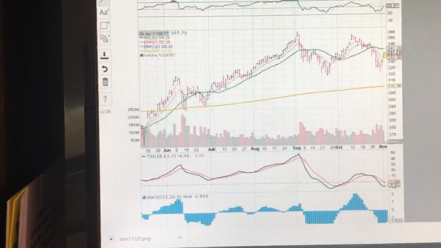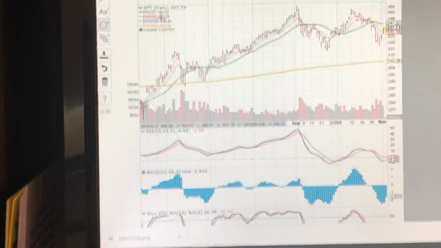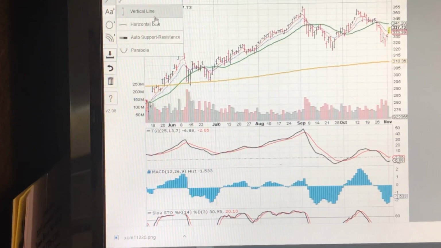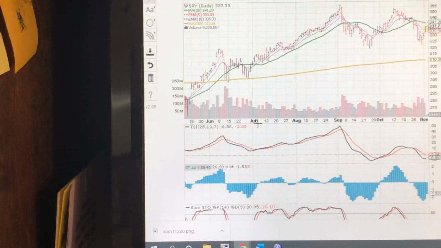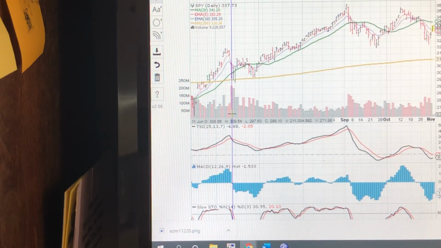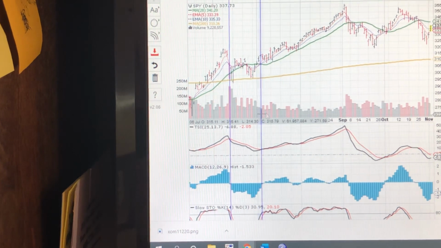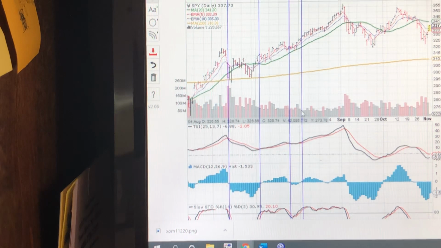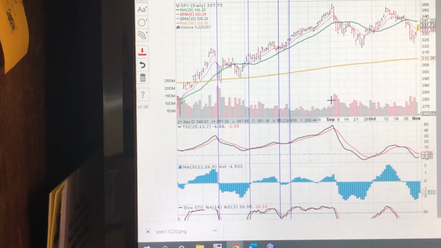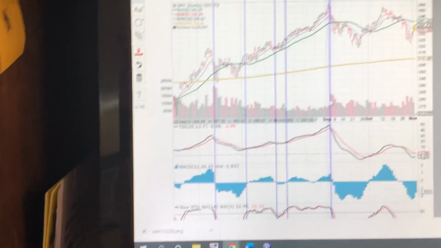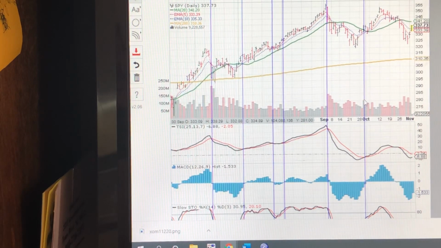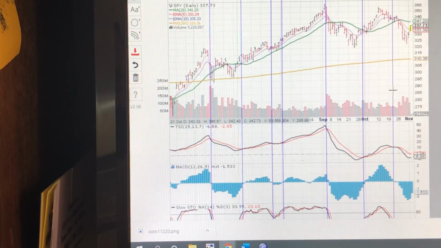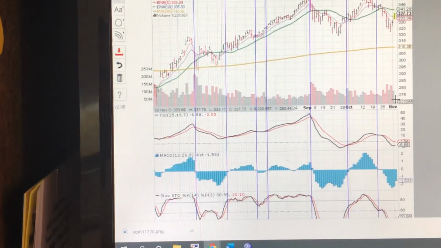So as we look at the pieces of the puzzle, let's put a vertical line every time the MACD crossed. You get a little whipsaw here. See it?